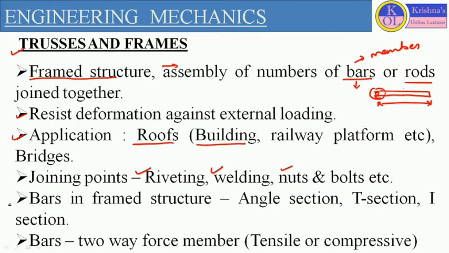One more point about bars: the bar is a member of the frame structure, and its cross-sectional dimension is quite small compared to the length, and it is generally used in the form of angle section, T section, I section, etc.